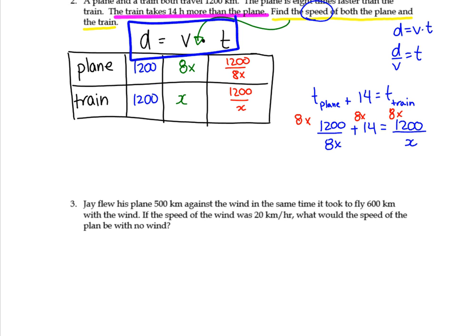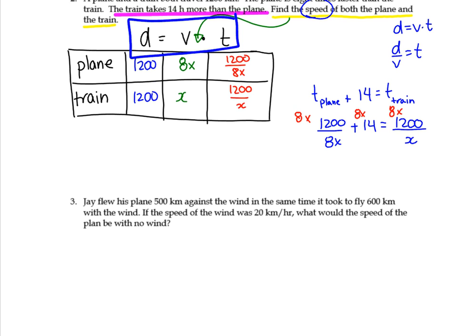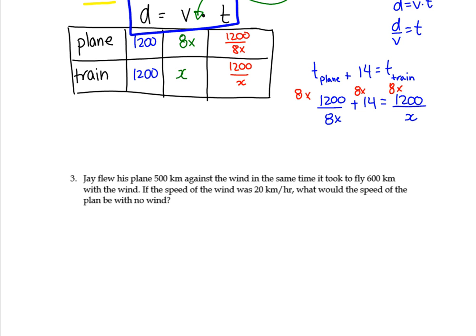All right, so what do we have here? The first term will become 1,200. The 8x's cancel out. Plus, what's 14 times 8x? 112x. Check. Thank you. And 8 times 1,200 is 9,600.